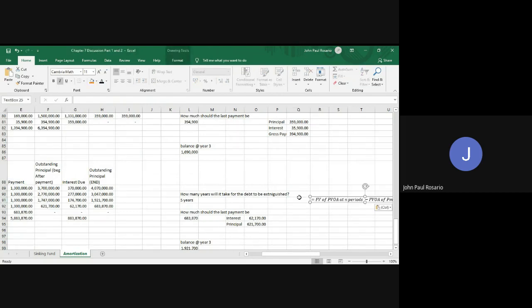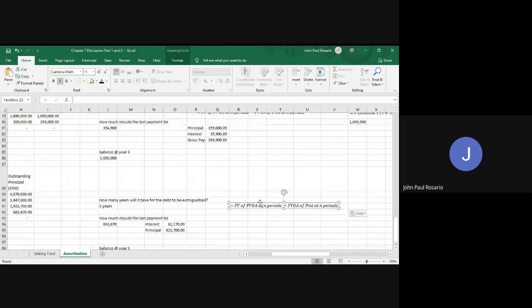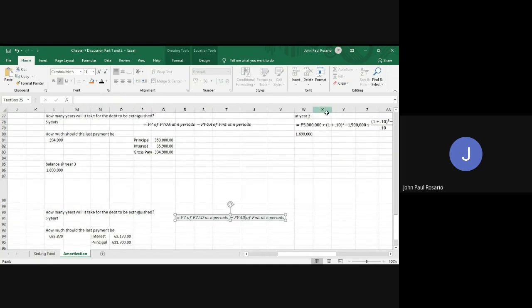But instead of the future value or compound amount of annuity due at end of periods, we subtract the future value of payment at end of periods. So with that, let's make use of this at year 3.